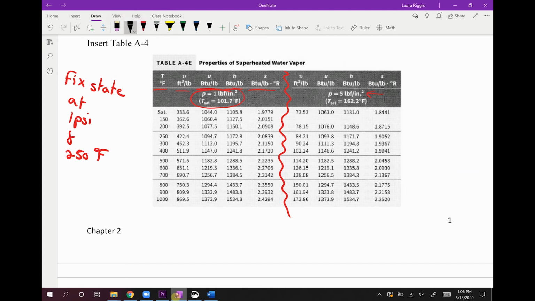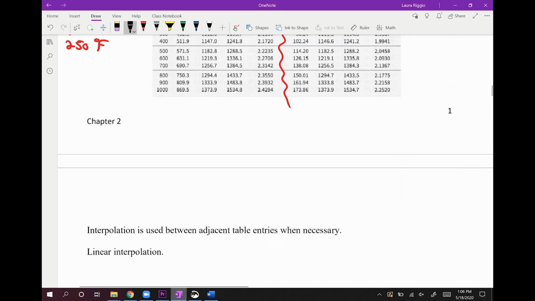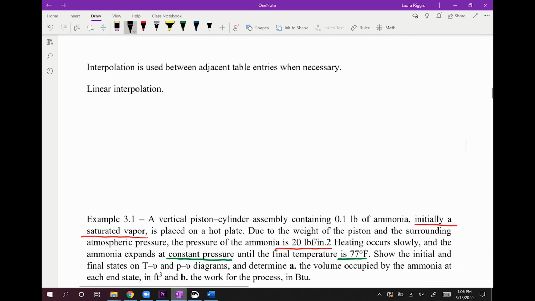I'd come down here to 250 degrees Fahrenheit, and here's my information. So my specific volume would be 422.4 cubic feet per pound. There are tables in both English units and SI units.